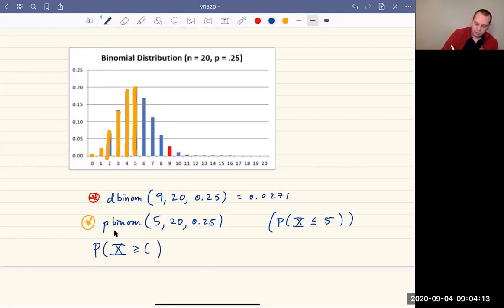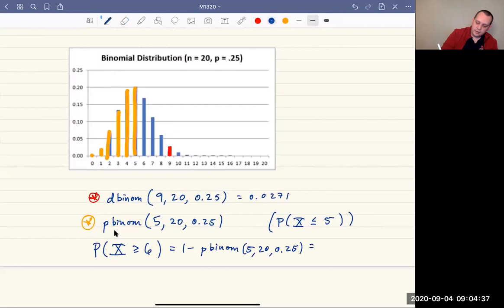Let me say I want to find the probability of having at least 6 successes. There's 2 ways that we can do that. The first way is we could do 1 minus P binomial of 5 or fewer successes, because the complement of at least 6 is 5 or fewer.